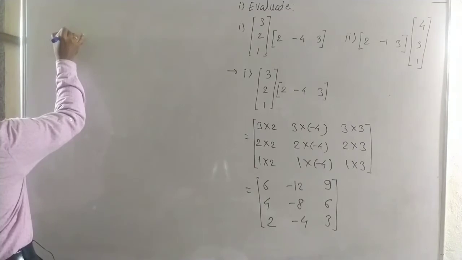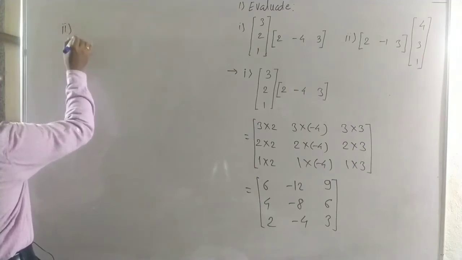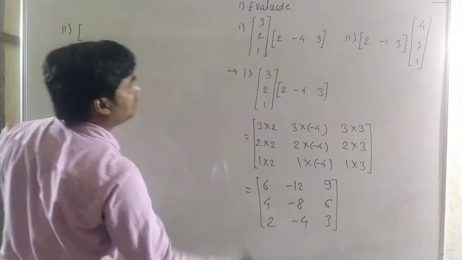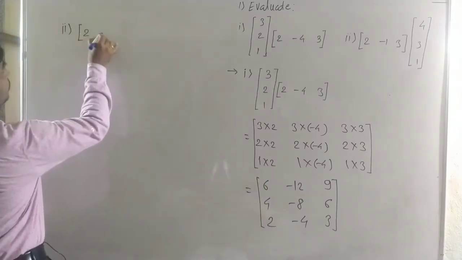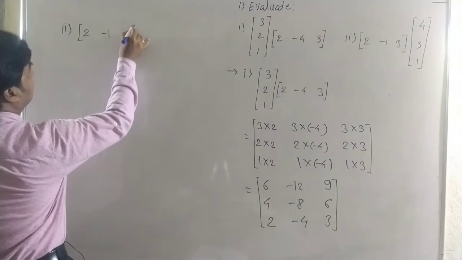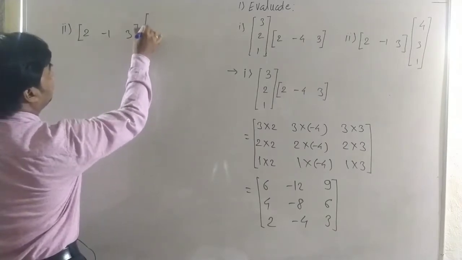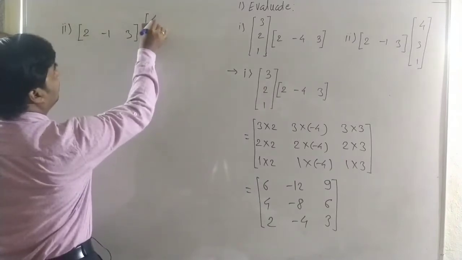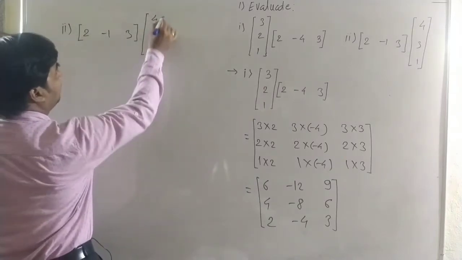See carefully the second matrix. It is [2, -1, 3], and the product is with the matrix [4, 3, 1].